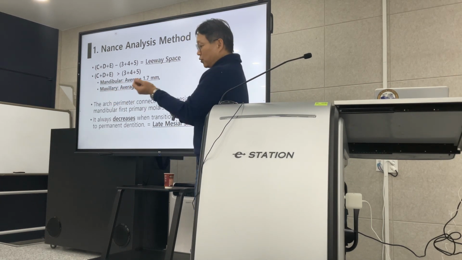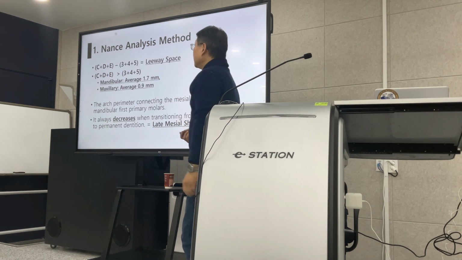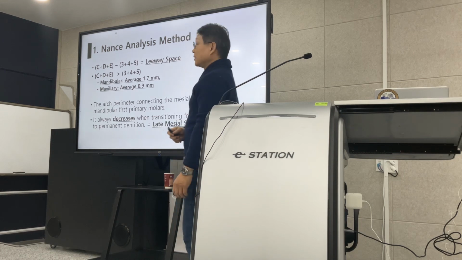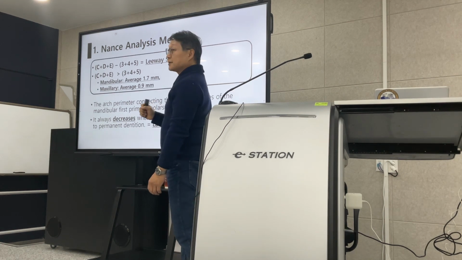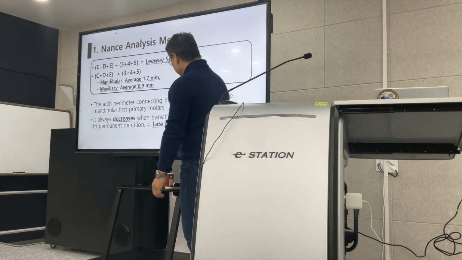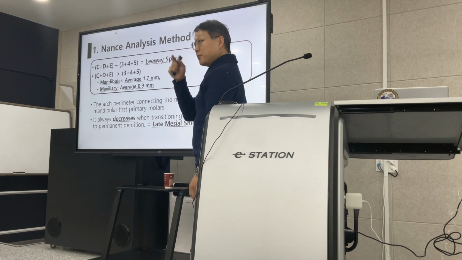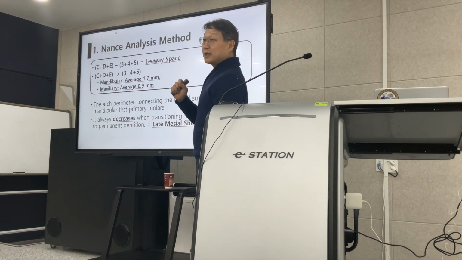That's why I told you Lens is better, but Lens suggests this kind of concept. You already know what that is, right? This is the leeway space. Because the first tooth of the permanent dentition to erupt in the mouth is the lower mandibular incisor, right?